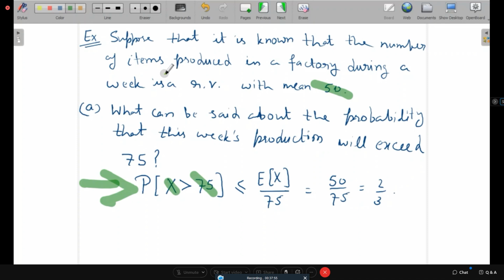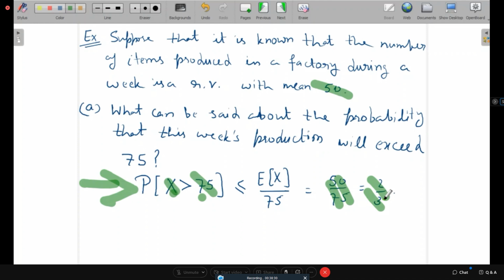First of all, this random variable is always non-negative, because every week either there will be a production or no production, 0. So the probability that X is greater than 75 is less than or equal to the expectation of X divided by 75, which gives 2 by 3. It's a very straightforward application of Markov's inequality.